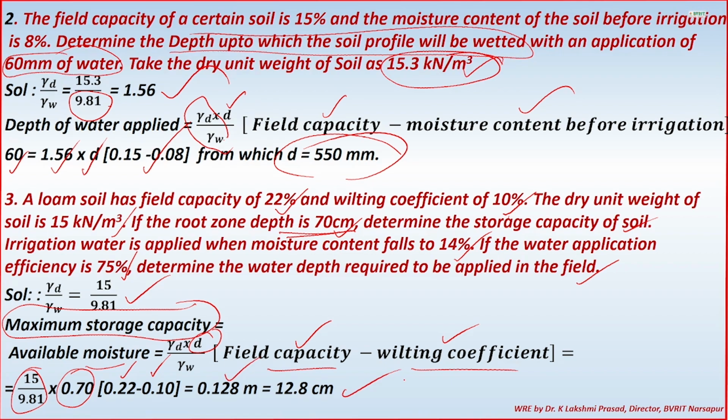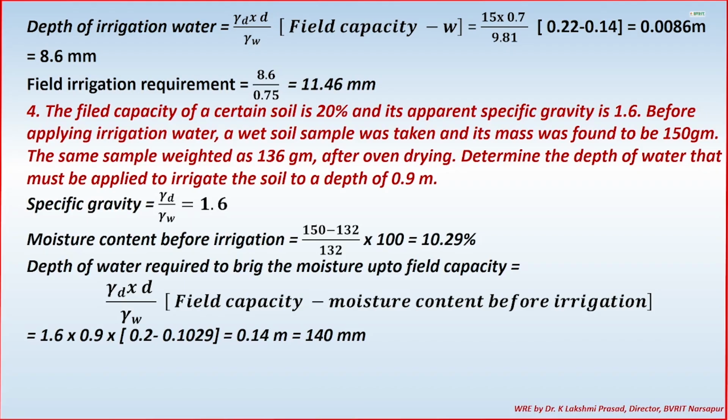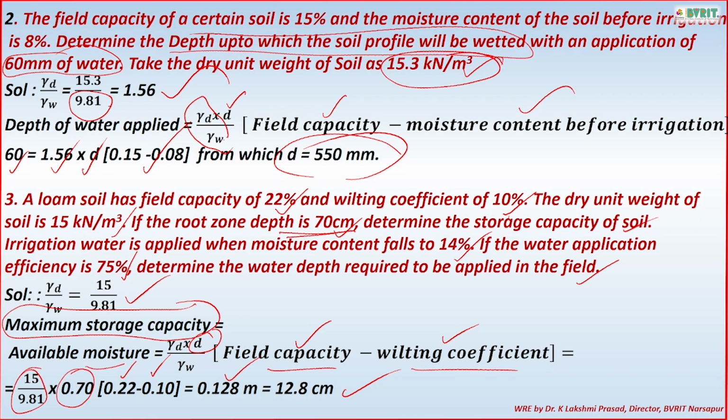So what is the available moisture actually? Depth of available moisture or maximum storage capacity, that means 12.8 centimeters. So now what is the depth of irrigation? Basically for irrigation water, I have put the total depth. Now what is the depth of irrigation water? Out of this, the moisture content determines the storage capacity.